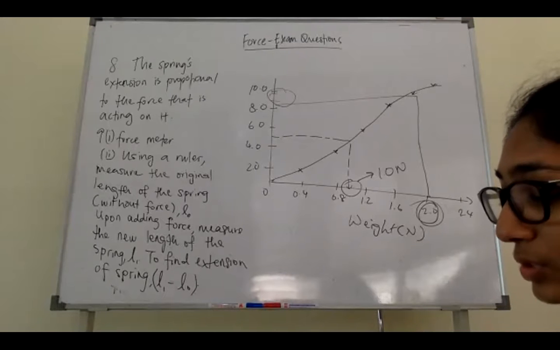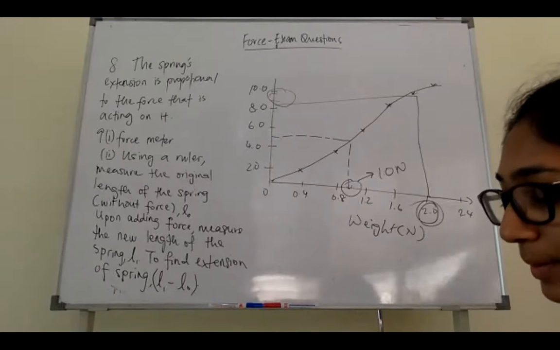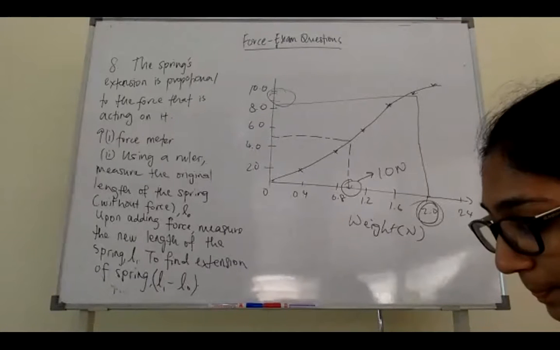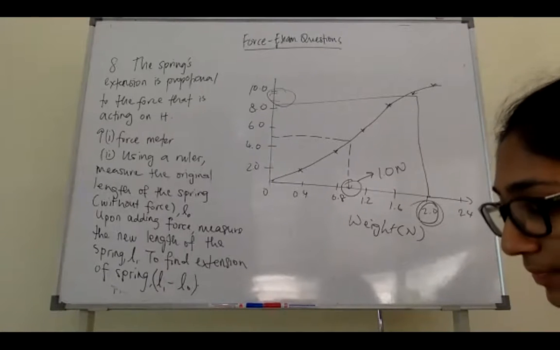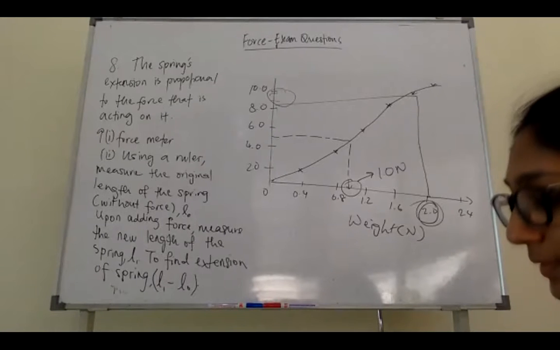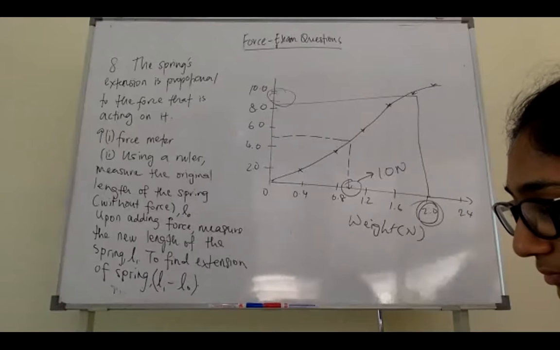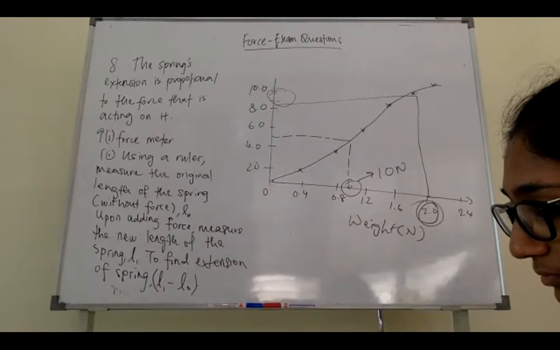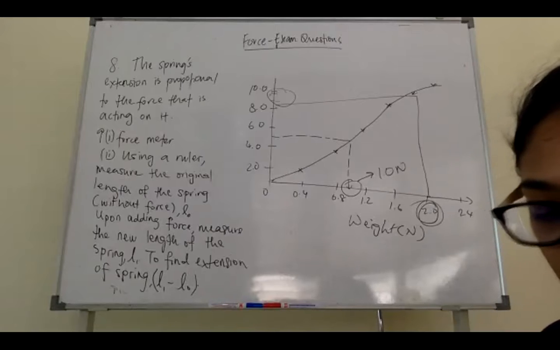And then when it's 2 Newton, what is the extension? 4. Because from 31, it became 35. For 4 Newton, what is the extension? 8. Because from 31, it became 39. 31 is the original. How about for 6 Newton? What is 43 minus 31? 12.